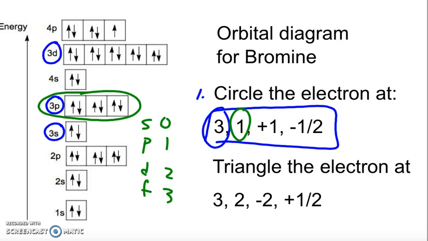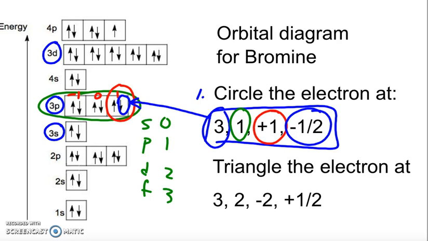The third digit corresponds to which orbital. Since p has 3 orbitals, the middle orbital is 0, the orbital to the right is 1, and the one to the left is -1. So we're looking at one of those 2 electrons in the right-hand box. The final digit, -1/2, means we are specifically looking at the down-spin electron right there. Let's try another one.